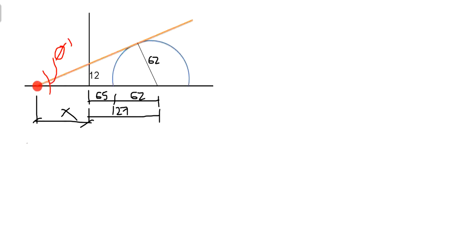So, looking at the figure, yan yung magiging triangle natin. So, yung gagawin natin dito, ito yung isang triangle natin, since hindi kasi natin alam ito. Pag nag-sin tayo, that is sin phi prime is equal to 62 over 127 plus x. Hindi natin alam yung value ng x.